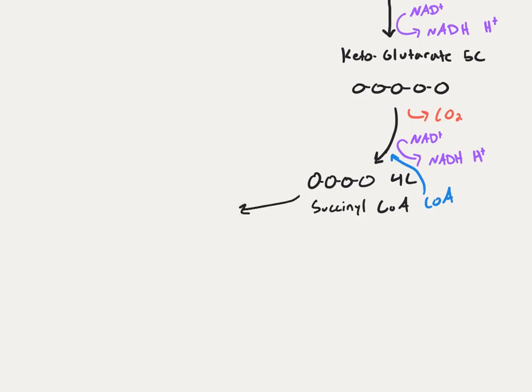The succinyl CoA is converted to another 4-carbon molecule called succinate. And during this conversion, an ADP is combined with a free-floating phosphate to produce an ATP.